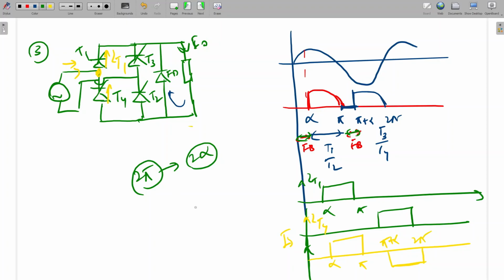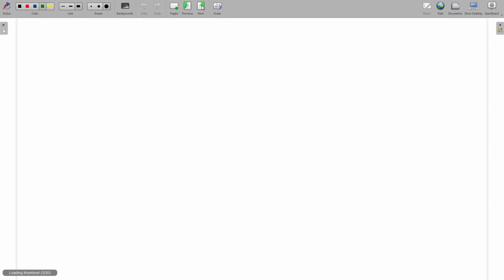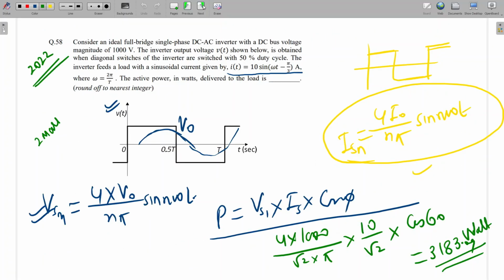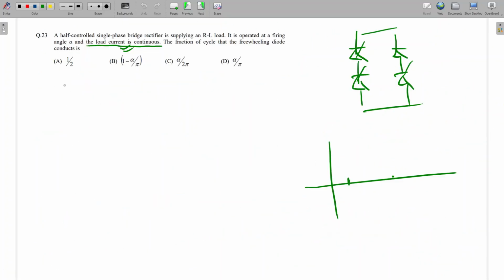So what will the fraction be? The fraction will be 2 alpha by 2 pi, so alpha by pi will be the answer. I think this is a 2012 question.